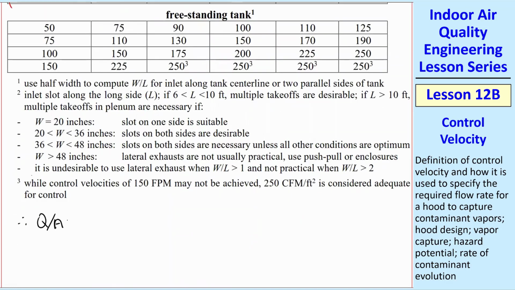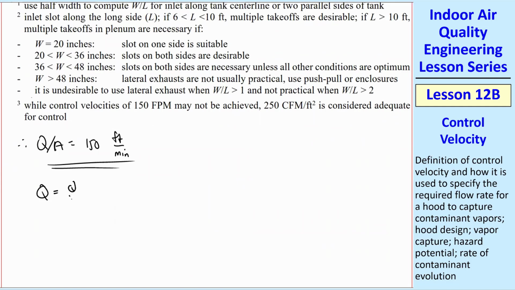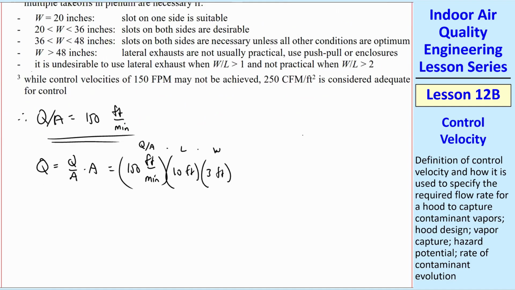Q over A is 150 in units of feet per minute. Now we can finally calculate Q. Q is equal to Q over A times A is equal to 150 feet per minute times 10 feet times 3 feet, L and W. And this gives me 4,500 feet cubed per minute. So this is my answer for case A.